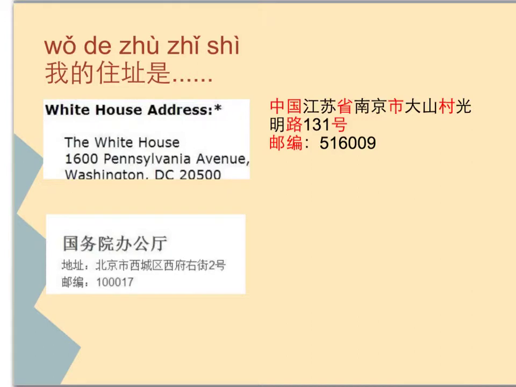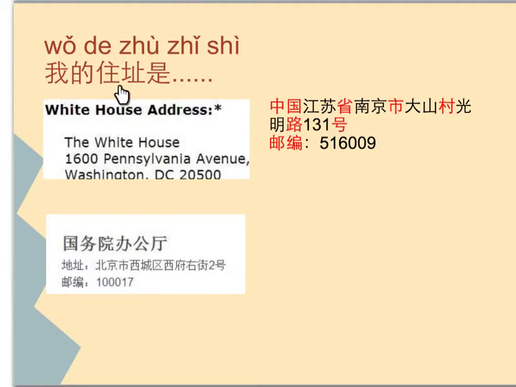It's different from 地址. With 地址, you might travel to somewhere and you want to tell people the address of your hotel. But 住址 normally is a place, your house address.